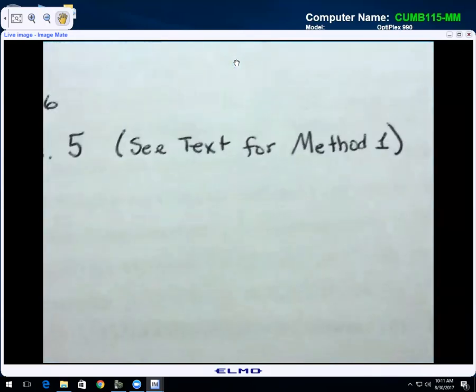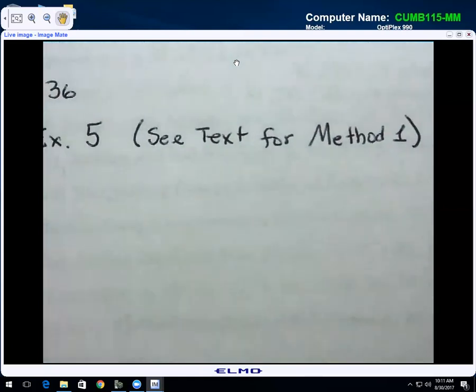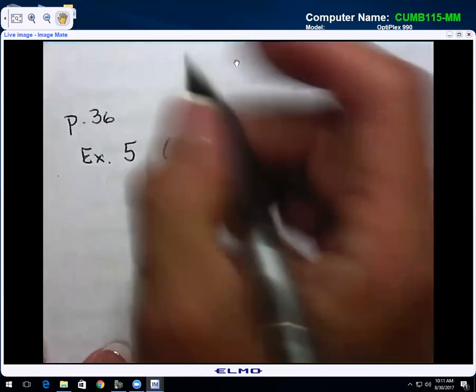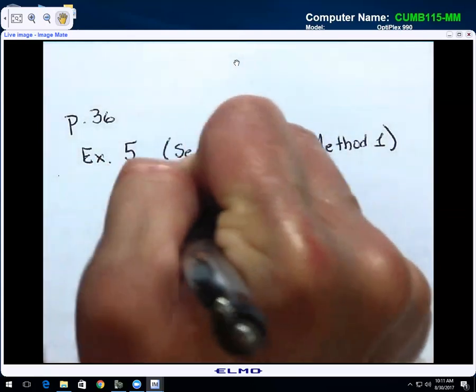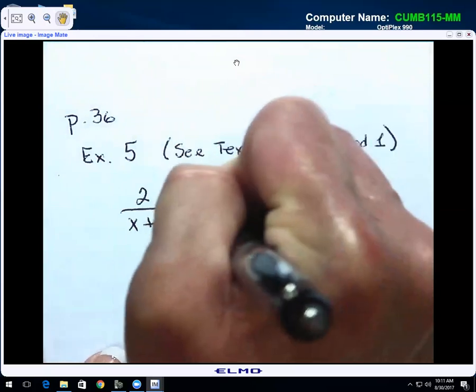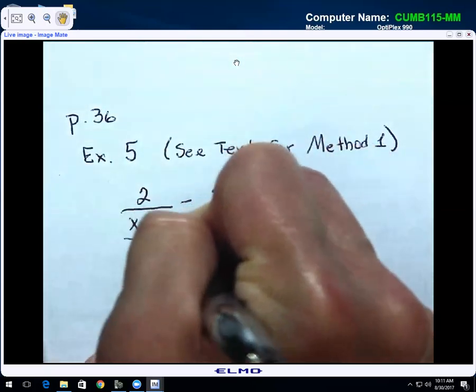Did you say page 36? Page 36, yes. All right. 2 over x plus 3 minus 2 over a plus 3, divided by x minus a.